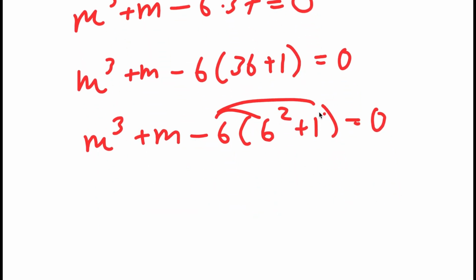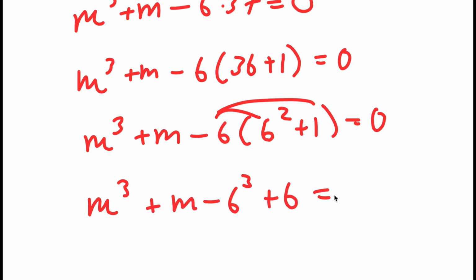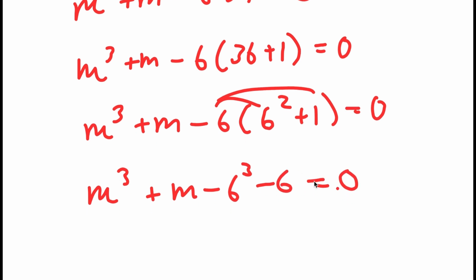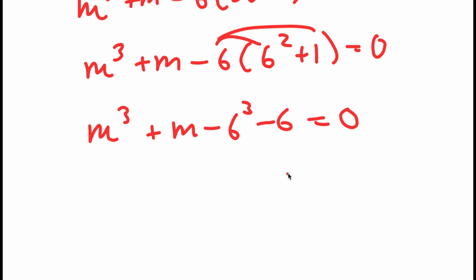And now if I distribute the 6, I get m to the power of 3 plus m minus 6 to the power of 3 plus 6, minus 6 to the power of 3 minus 6 is equal to 0. So I have m to the power of 3 minus 6 to the power of 3 plus m minus 6 is equal to 0.